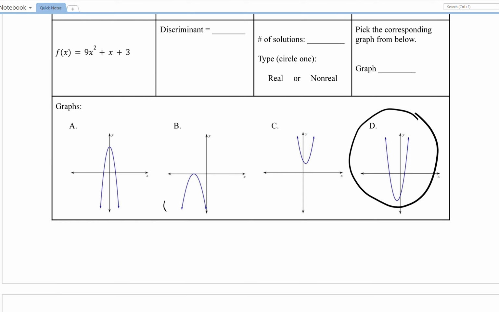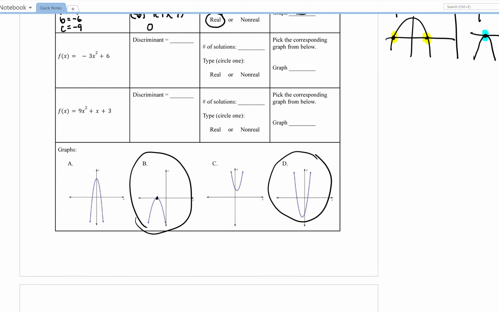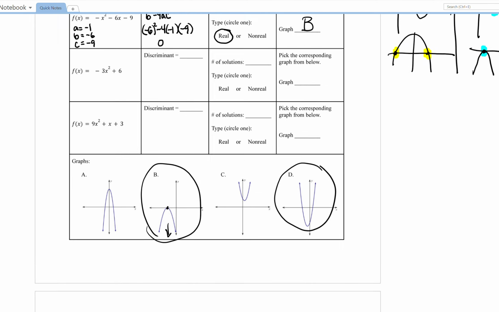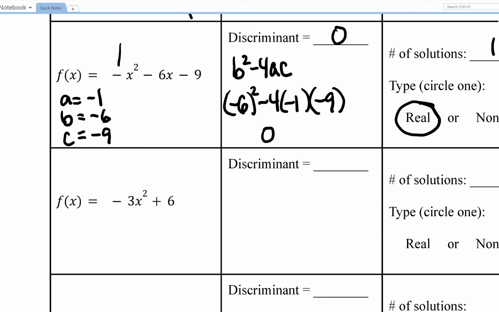And that'd be B, because it only touches just at that one spot. And so that is this graph. Also, just note that it opens down. And the A is -1. And so this negative says, hey, this thing's going to open down.